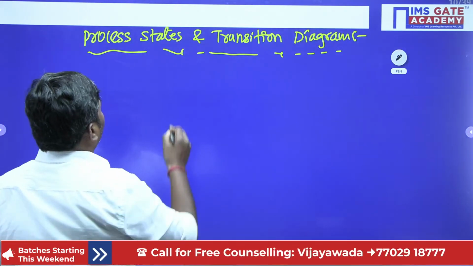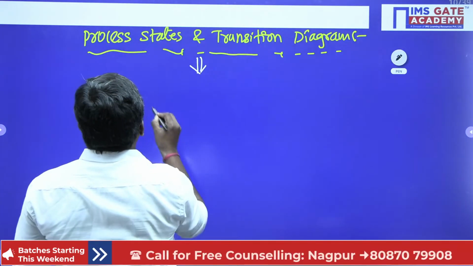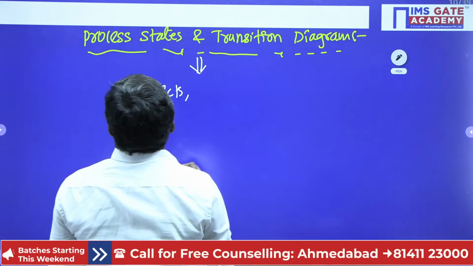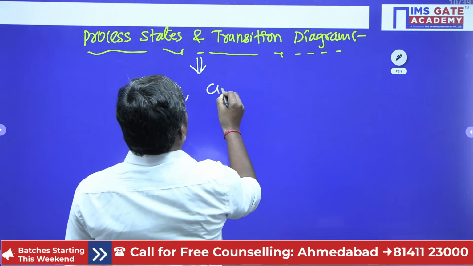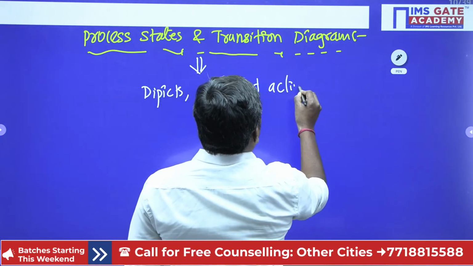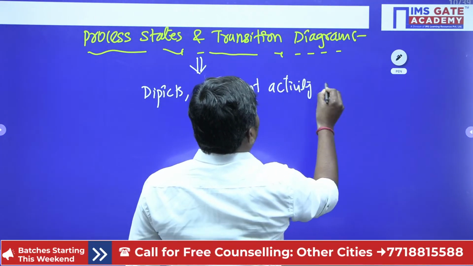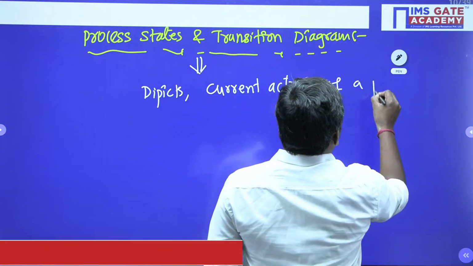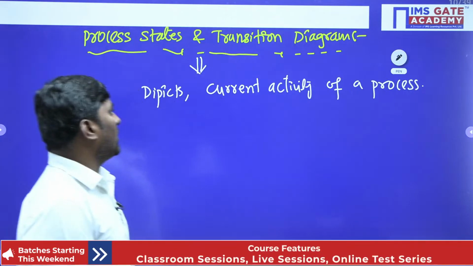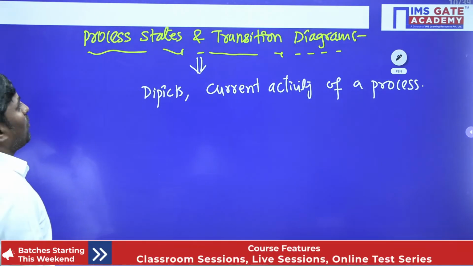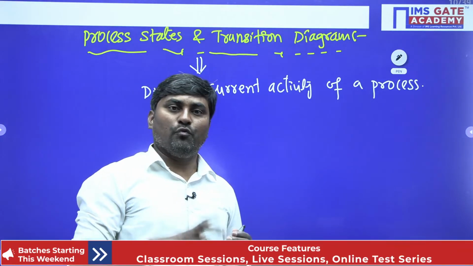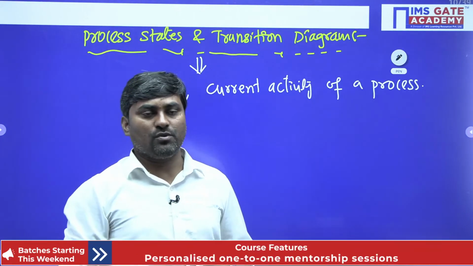This depicts the current activity of a process, defined by the process state transition diagram. The various transitions of a process we will observe.